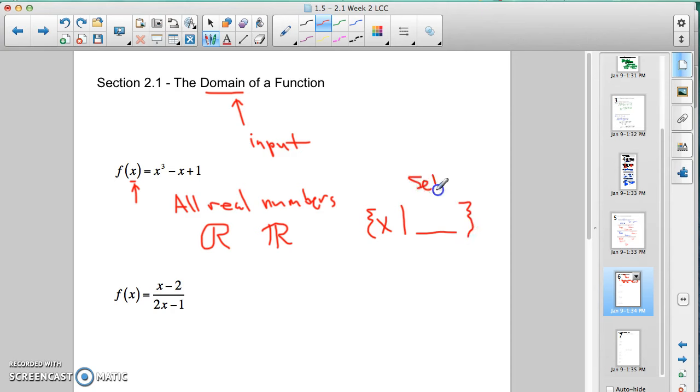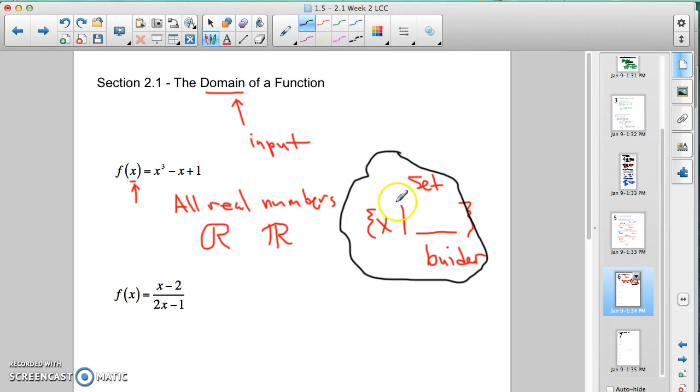So sometimes we use set builder notation to describe the domain. When we do this, this bar means the words "such that."